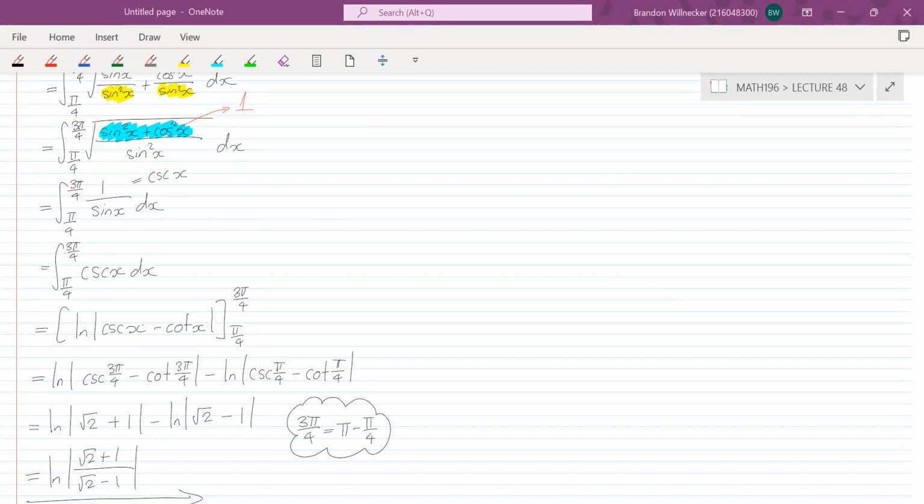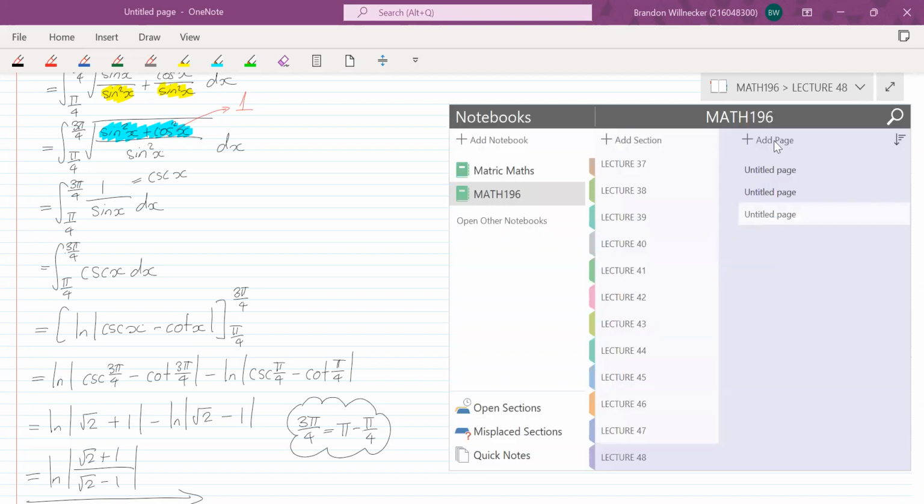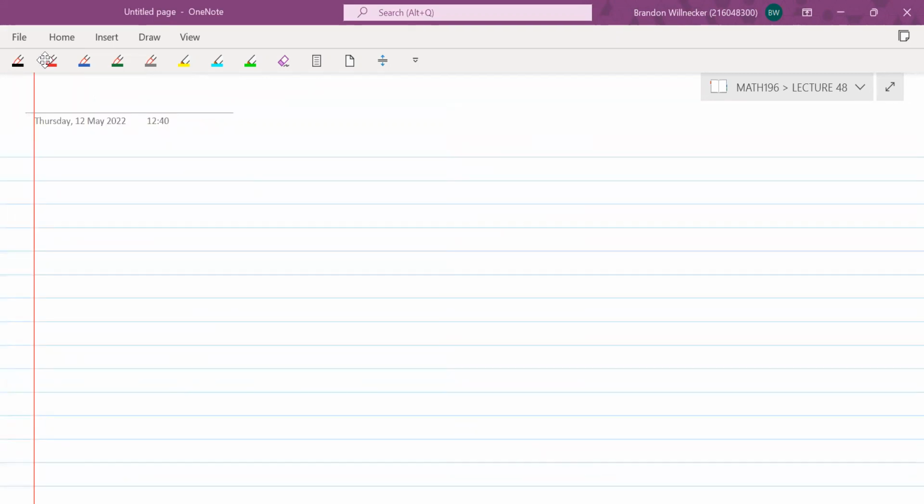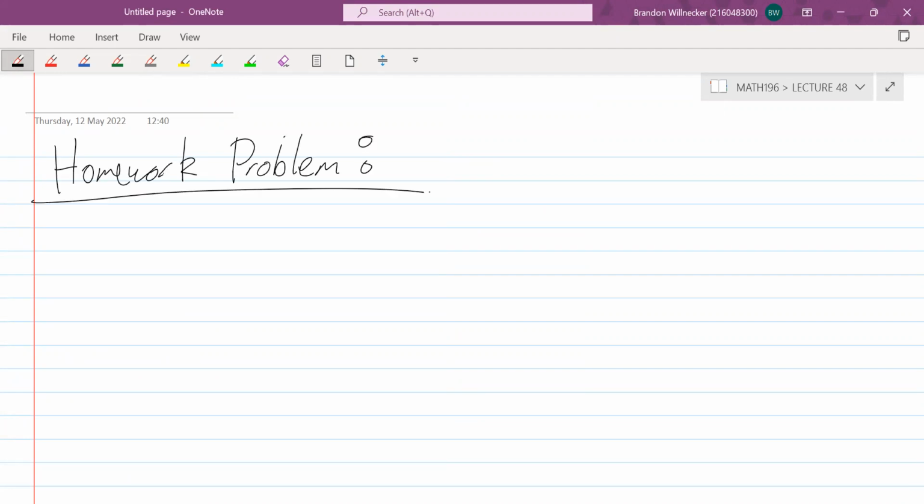Okay, let's take a look at the homework problem. I've got an interesting homework problem for today. Given y equals 1/4 e to the x plus e to the minus x, that's our function.